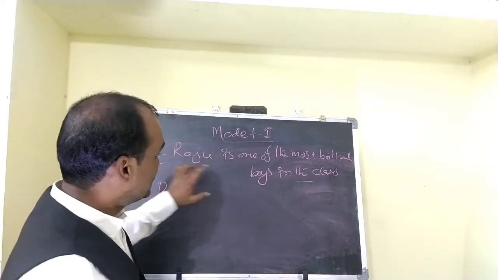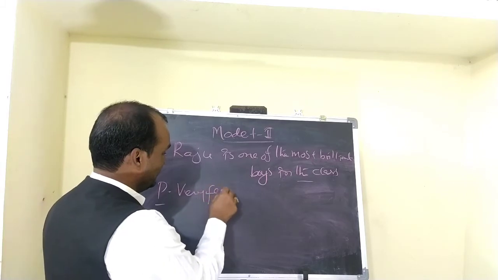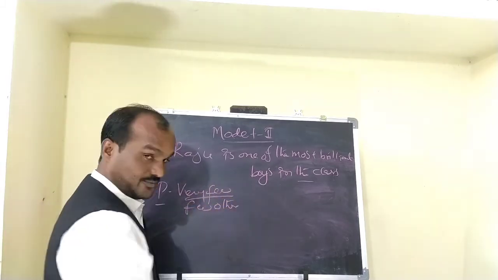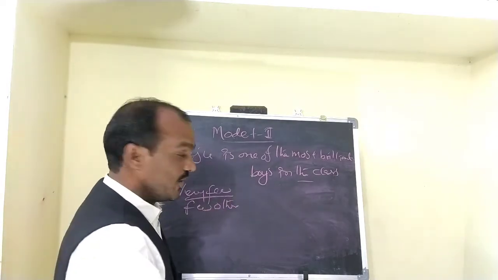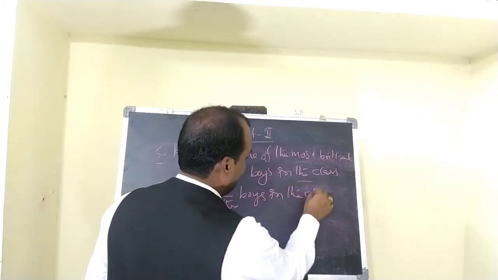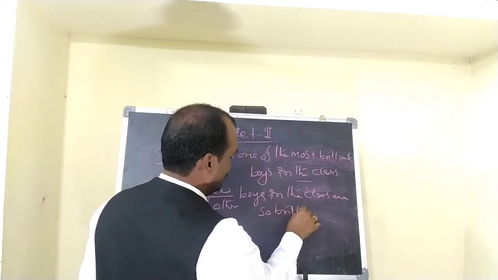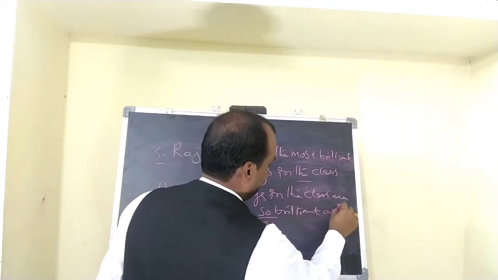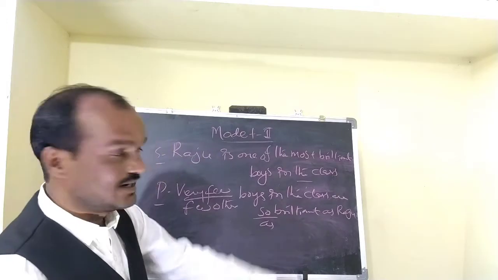So "Raju is one of the" means here the positive degree is: very few other boys. You can use "Very few boys in the class are so brilliant as Raju," or "as brilliant as Raju."